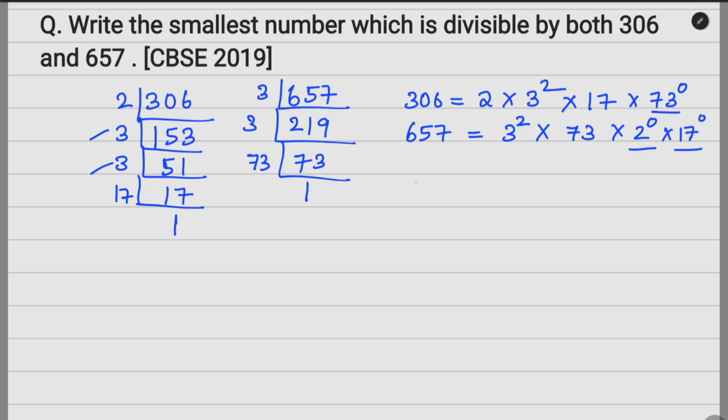So what is the LCM? LCM is nothing but you have to take the highest power of each of the prime factors. For 2, here it is 1, here it is 0, so the highest power is 2 to the power 1. For 3, it is 3 to the power 2. For 17, it is 17 to the power 1.